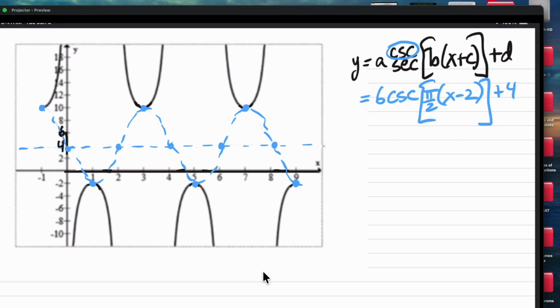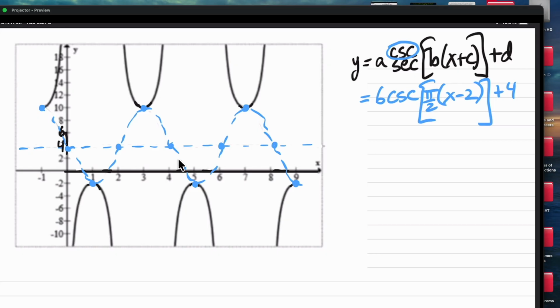Finally, let's see if we can interpret this sinusoid as a cosine function, and that will allow us to write this as a secant graph. So if we consider this a cosine function, the starting point would correspond to where the parent cosine function is x equals 0.